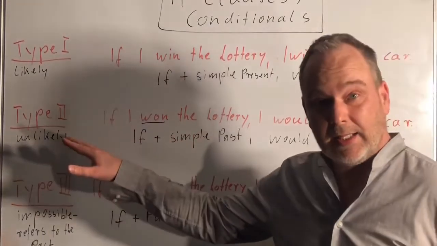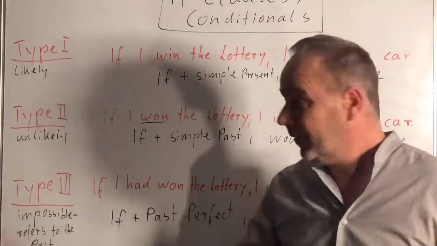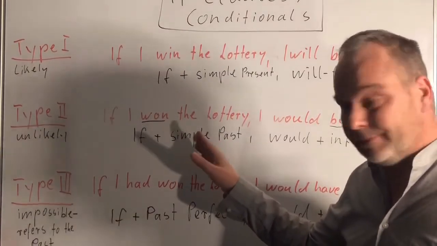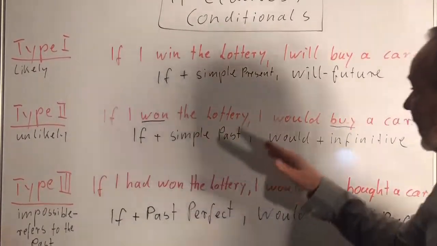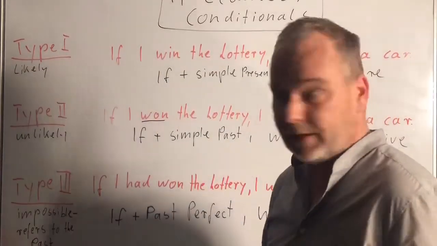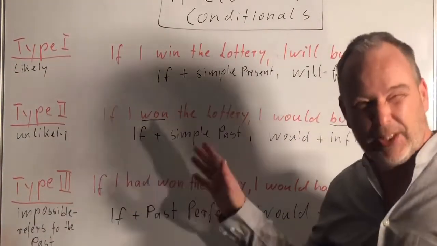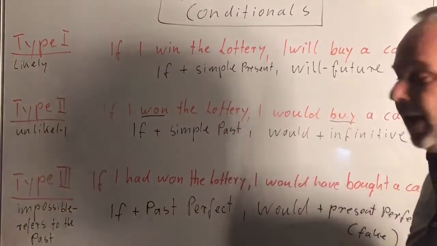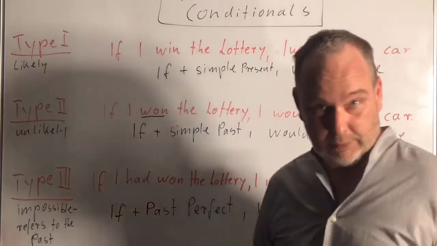It's unlikely. It's in theory. If I found her address, yeah, if in simple past, I would invite her to the party, okay? But the chances that I do find her address are quite small. If I found her address, I would invite her to the party. Yeah, that was type 2.